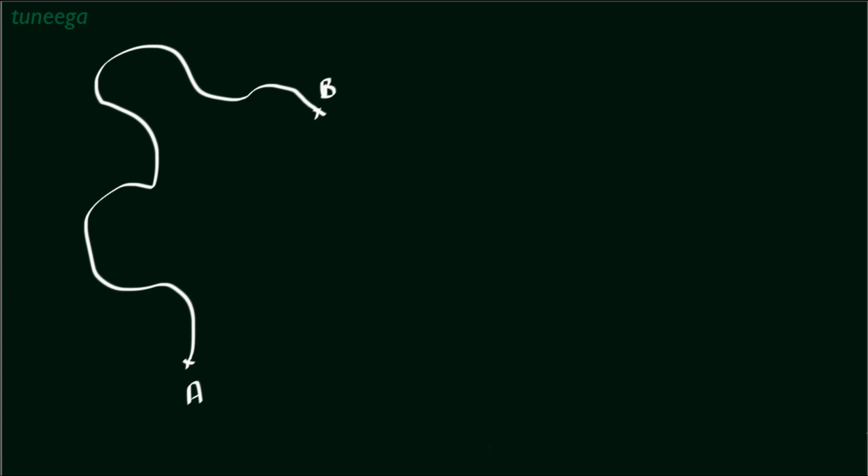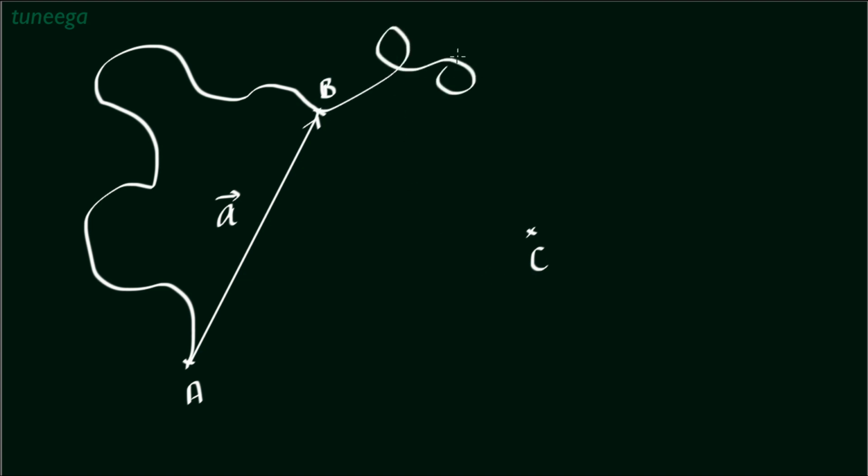Now we noted that the displacement was this vector starting at A and ending at B, the tail of the arrow at A, the tip of the arrow at B, and this displacement, we gave it a name, we called it A. Having arrived at B, supposing the object goes to C, another point, along some other complicated path, and arrives at C. In other words, the object has undergone a second displacement given by this different vector.